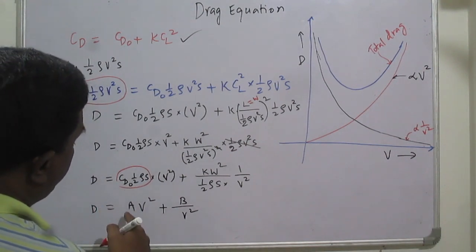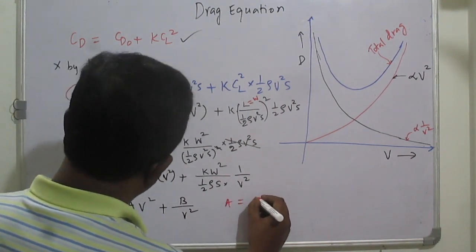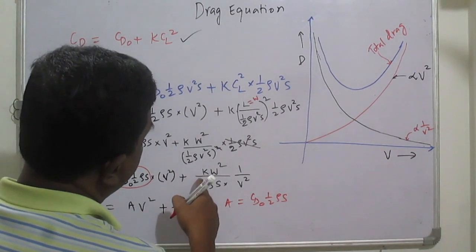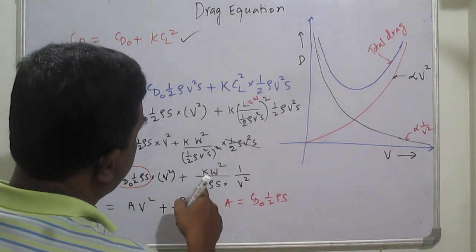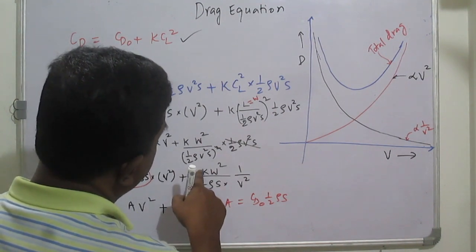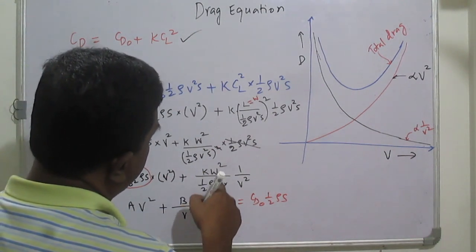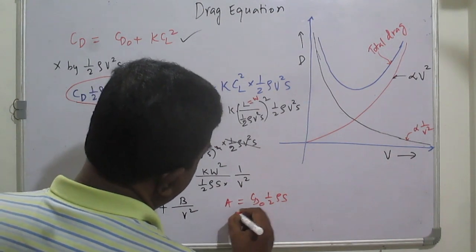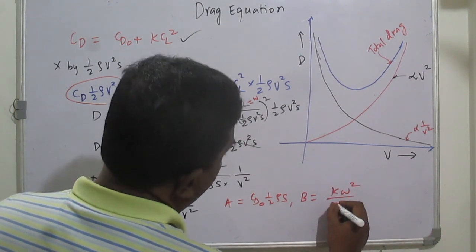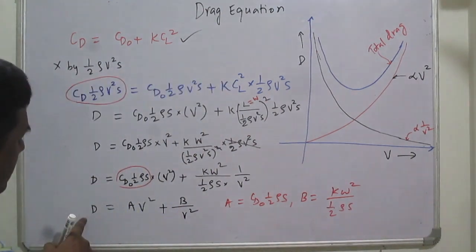CD naught half rho S is a constant, so we can write A equal to CD naught half rho S. Another constant: in the given drag equation the weight, density and wing area are all constant, and K is 1 by pi e AR. So all those terms are constant, and we represent them as B. So B equals K W square by half rho S. Here A and B are constants.